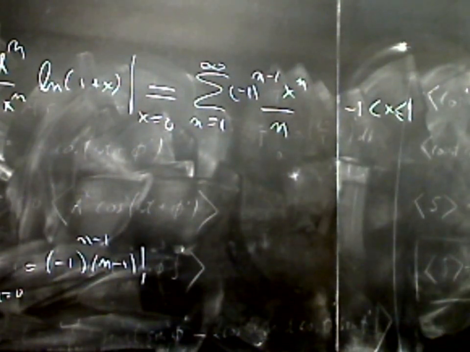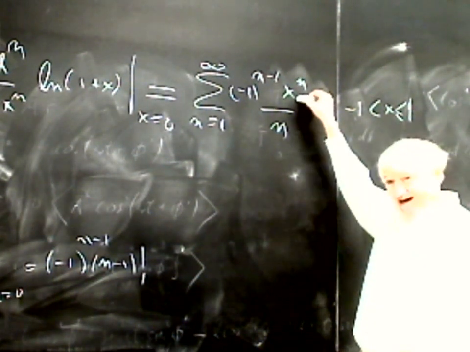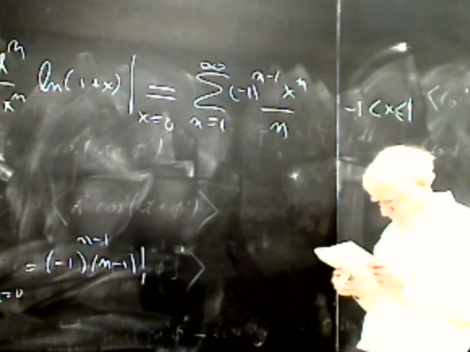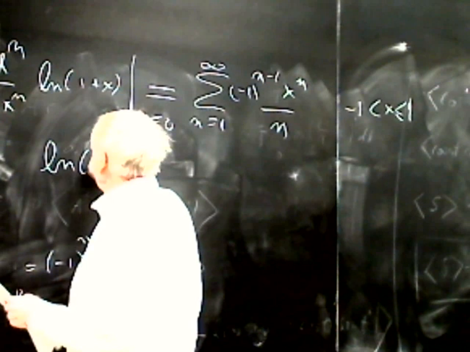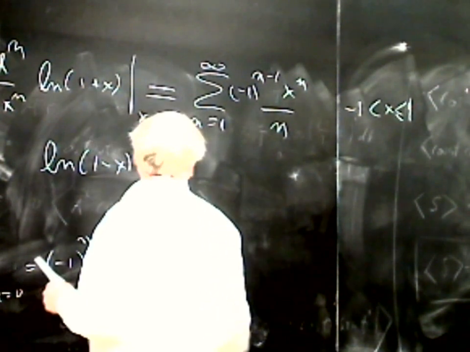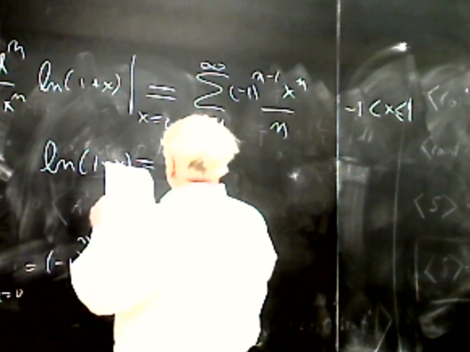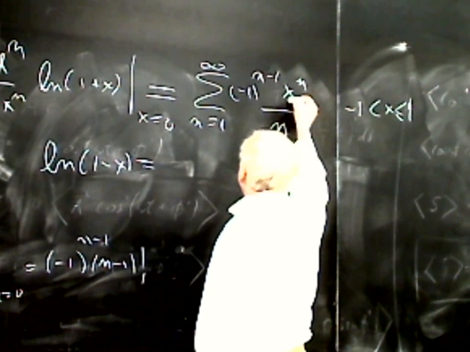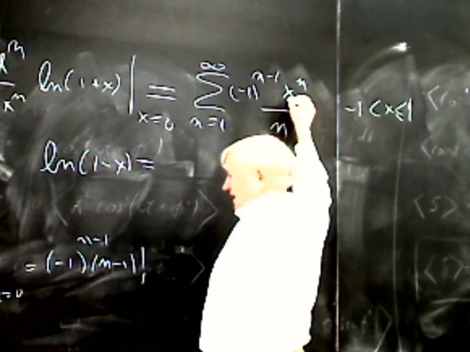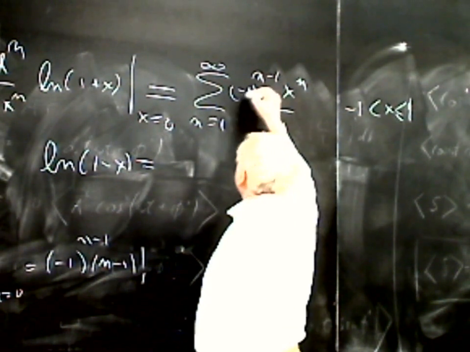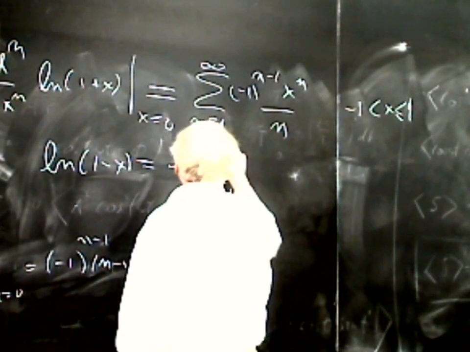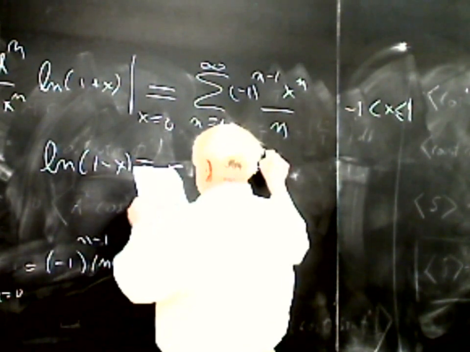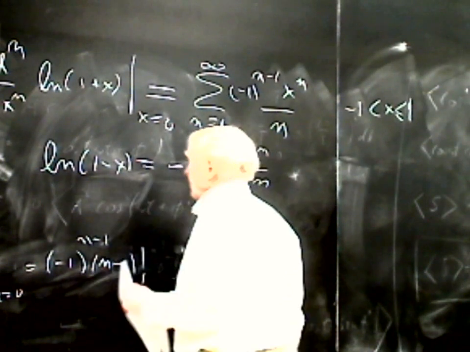What's doing the convergence here is not the 1 over n, but x to the n. It follows immediately that log of 1 minus x, by replacing x by minus x, cancels the minus 1 to the n, and you just get minus the sum from n equals 1 to infinity of x to the n over n.